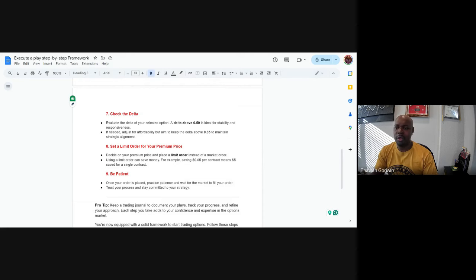Anything above 35 is still good, but ultimately above 50 is great. That's for your initial entry. But if you're trying to stretch your coins out a little bit and get 2 contracts, if you can get 2 contracts and still have a delta above 35, I think you're still doing good there. Keep in mind, these are just what I would do in order to increase my wealth in the game.